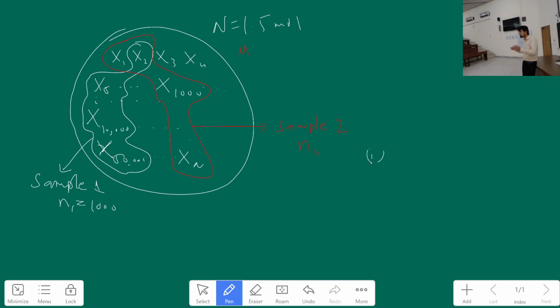Is that a good way of finding the average height of people in Swabi? No, right? Because you expect some sort of correlation, dependence. एक खानदान है, DNA similar है, culture.